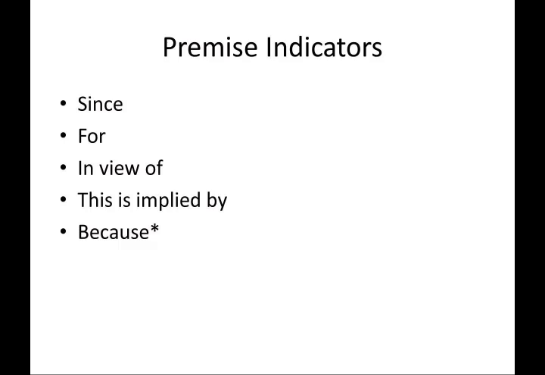Sometimes the word because is not used in an argument, it's used in an explanation, and that will be a point made in the next lesson, the difference between arguments and explanations. But where you see the word because, you may well be looking at an argument, and if it is in fact an argument, then what follows the word because will be the premise. Okay, so there's a quick lesson for you on that.